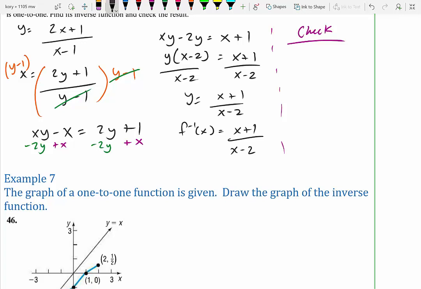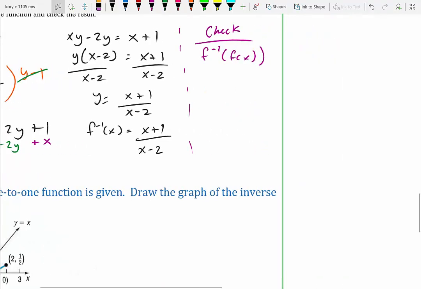Okay, so to check it, we do the function inside the inverse, and then the inverse inside the function. So we're going to put the function inside the inverse. We have our inverse of x plus 1 over x minus 2.